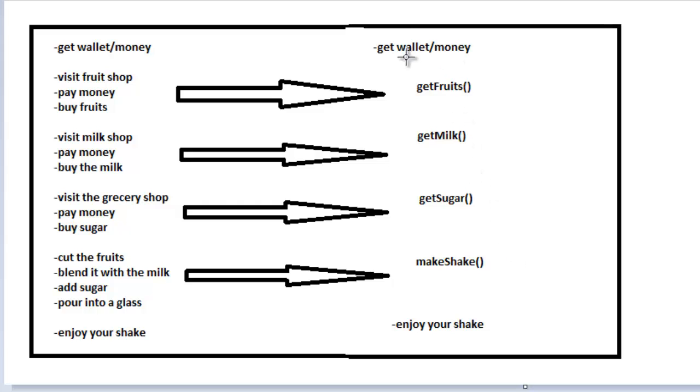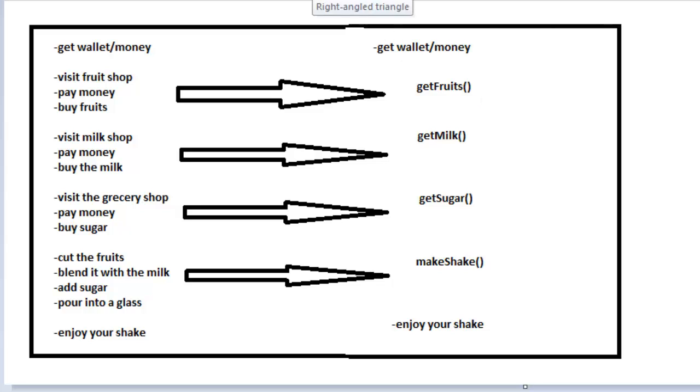So these individual units of work, that is get fruits, get milk, get sugar, make shake, these are nothing but functions. So functions are individual units, a set of codes, individual set of codes which is used to perform certain action.